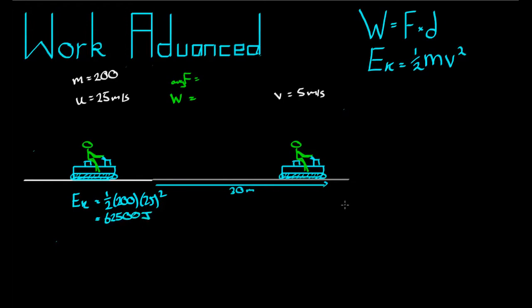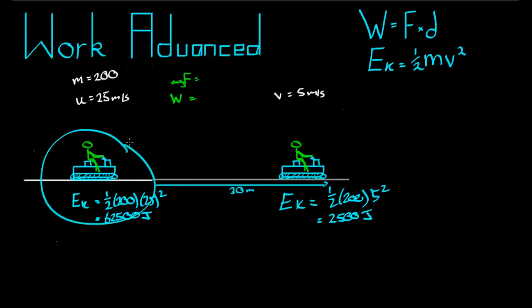joules. And the final kinetic energy, because we'll assume beyond this he's not slowed down anymore, is equal to a half m v squared, so 5 squared, which is equal to 2,500 joules. There's been a considerable change in the kinetic energy of the snowmobile and the person due to the work done by that friction force there.